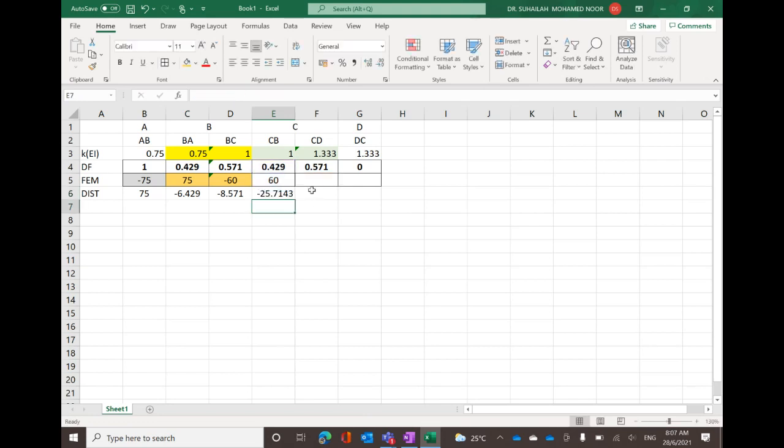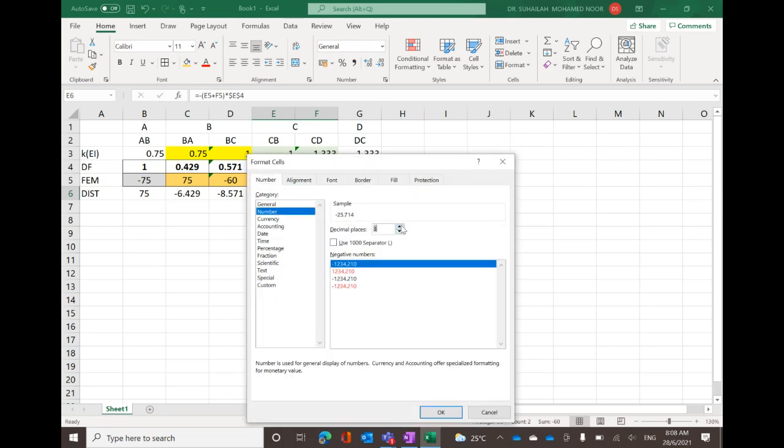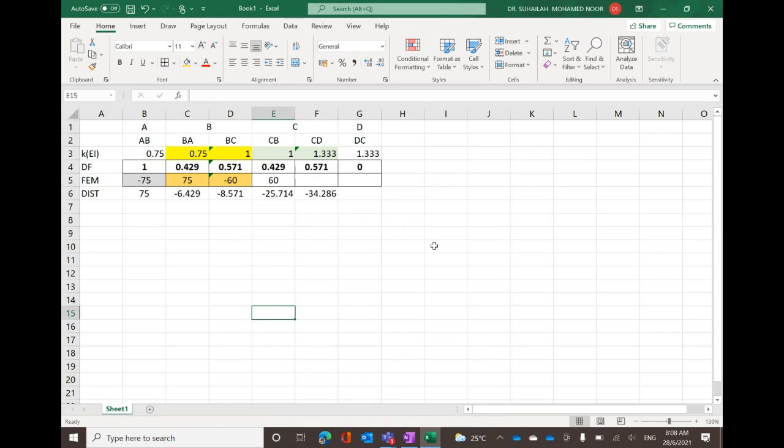Then times the distribution factor, lock the position for the distribution factor, and set the decimal point up to 3. For CD, there is no value to distribute. Now we have the first distribution here.